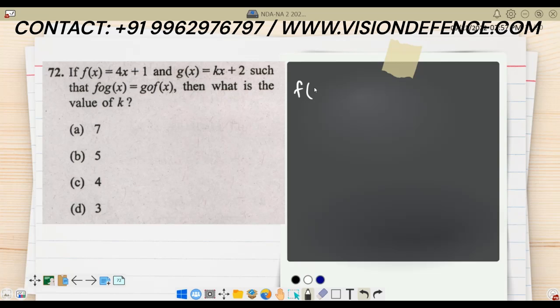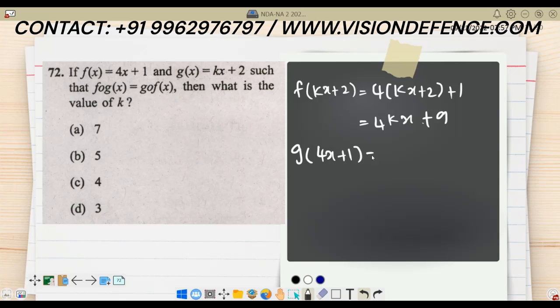So this is very simple. So let's apply f of kx plus 2, right? This is going to be 4 into kx plus 2, plus 1. This is 4kx plus 8 plus 1, that is plus 9, right? Now then g of f of x. So g of 4x plus 1.